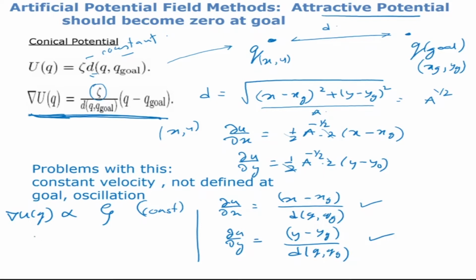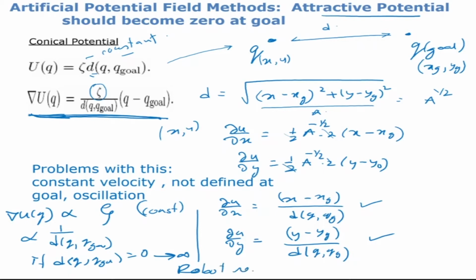Then it is inversely proportional to d, the distance between q and q goal, which means that if this distance becomes equal to 0, this will go towards infinity. That means when the robot reaches the goal, the grad u will become infinity, because the distance will become 0.